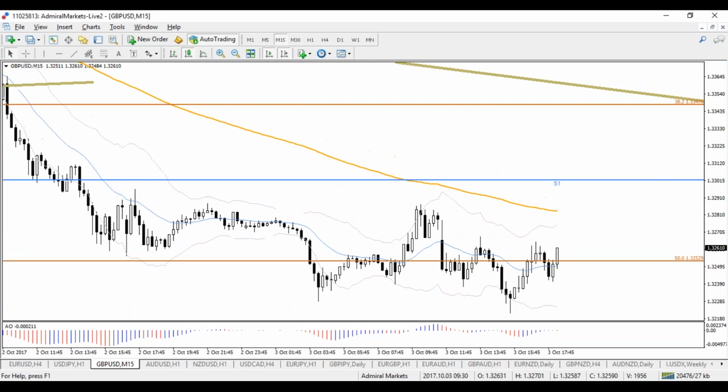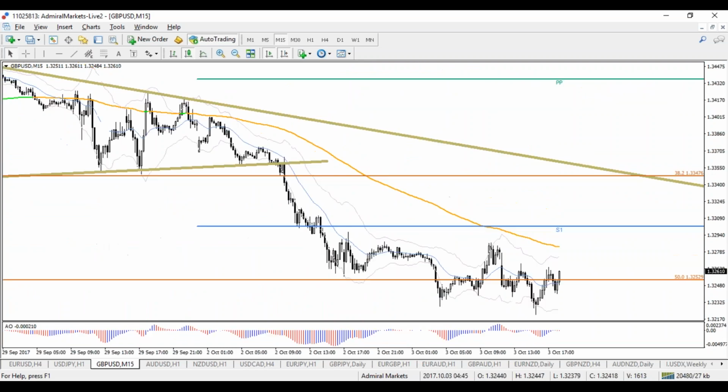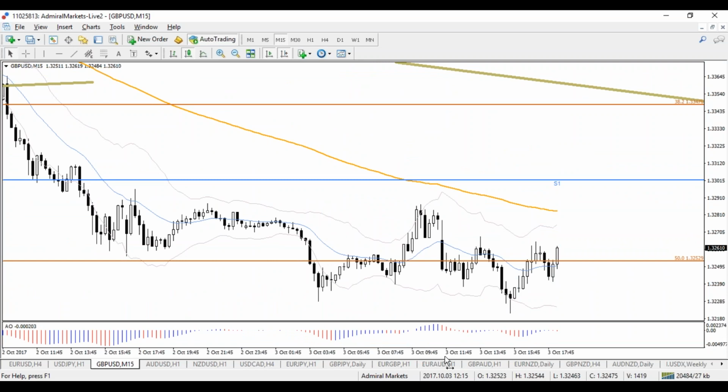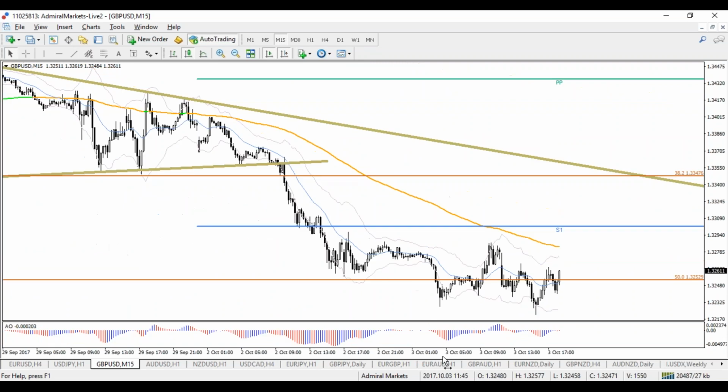Just checking out some different time perspectives here. Could be a counter trend breakout, but that already actually happened on this one.